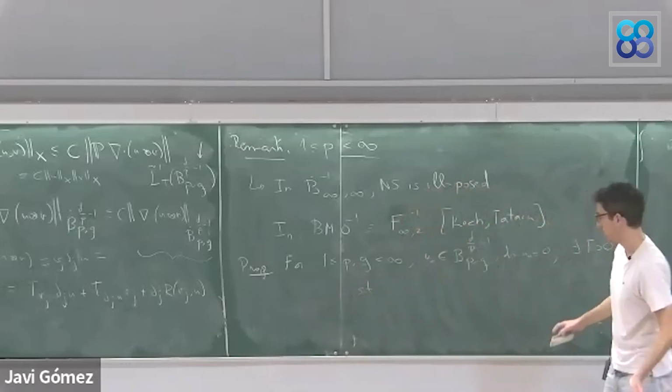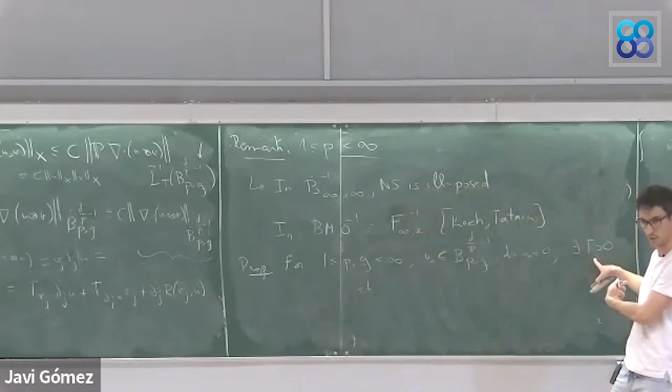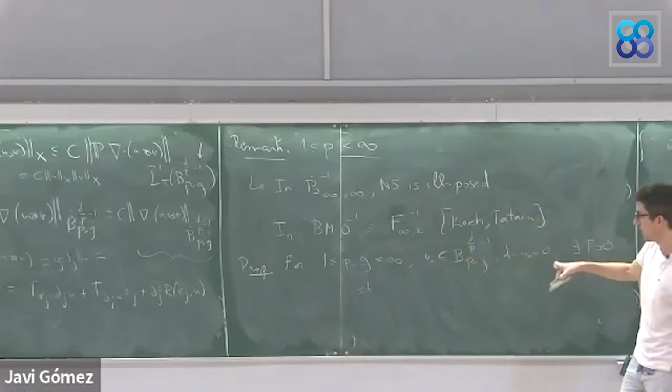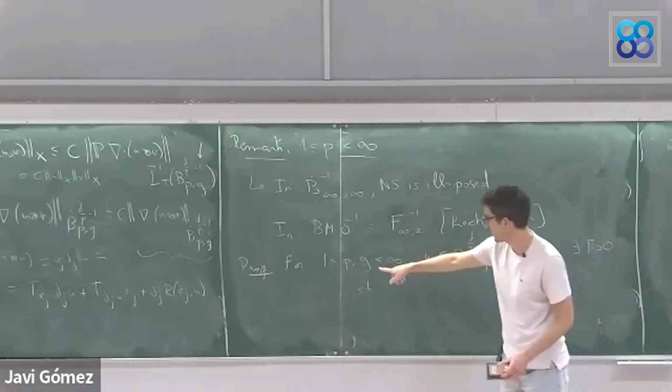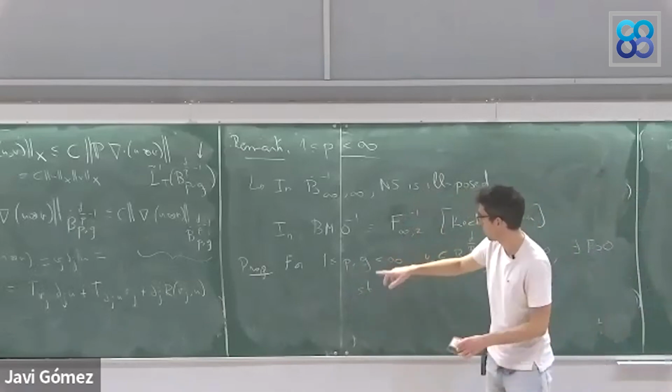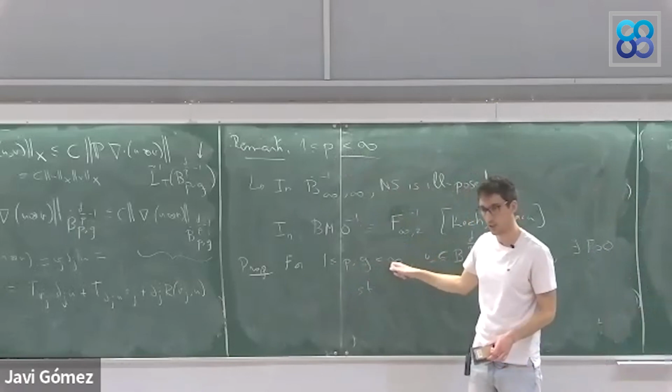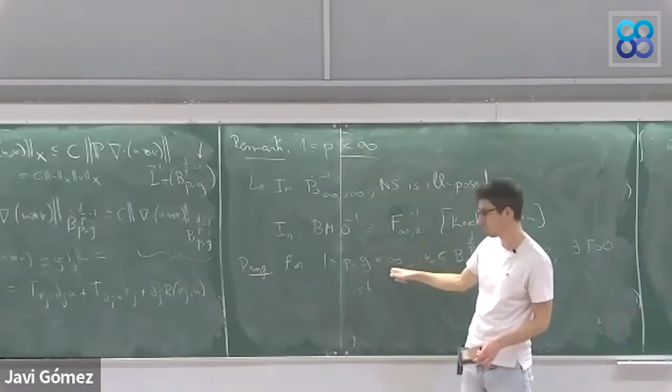And the thing is that now this time has to be small, so this can be a reduction for a small time. And the only thing to remark here is that the previous theorem excluded p equals infinity, but it worked for q equal to infinity. And here, this only holds for q finite.